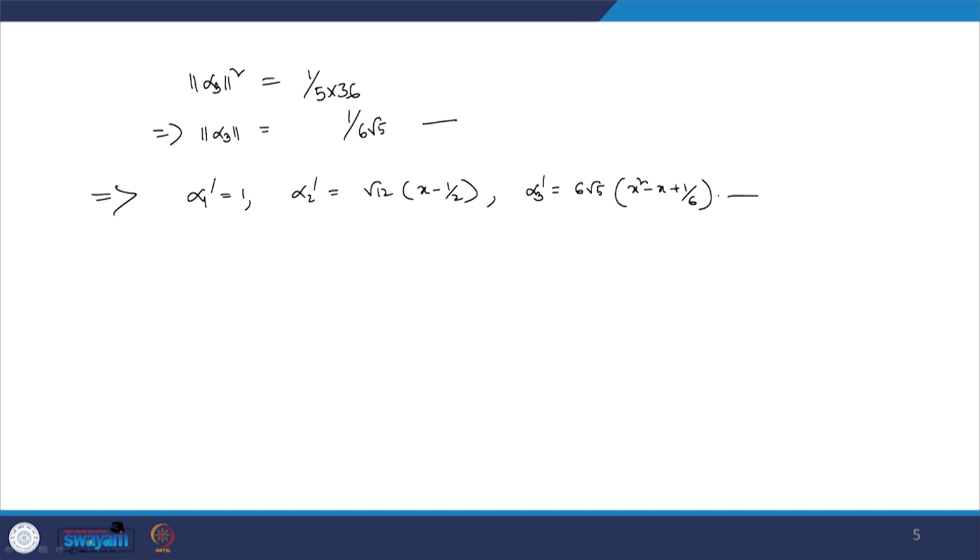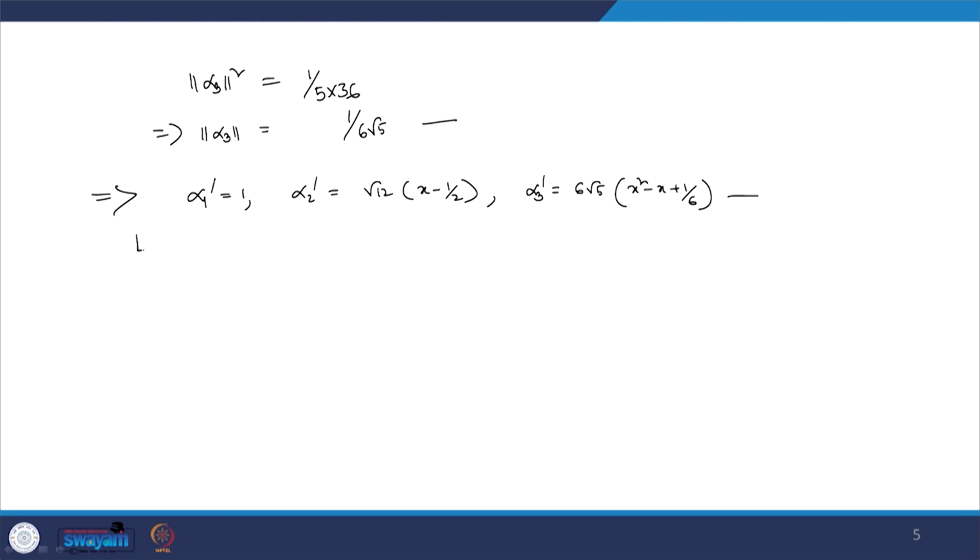You can immediately cross check whether alpha 1, alpha 2, alpha 3 are orthogonal or not. That we can check by taking the inner product of alpha 1 prime and alpha 2 prime, that must be equal to 0, or alpha 2 prime and alpha 3 prime must be equal to 0. We can quickly check it and see they are orthogonal.